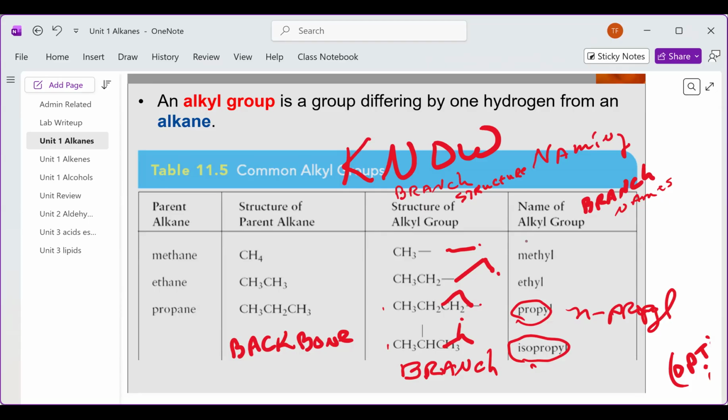If it has three, it depends. If it's a straight chain, three, it's called N-propyl. If it's got a branch in it, it's called isopropyl. Propyl means there are three carbons, but they're not attached the same. Methyl is attached to the backbone. Ethyl is attached on one side or the other to the backbone. N-propyl is attached on the end, or this end. Isopropyl is only attached in this middle one.